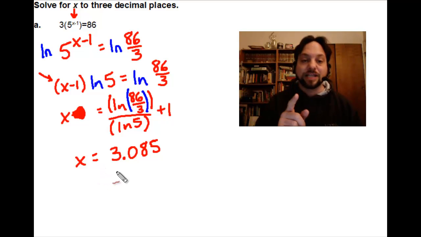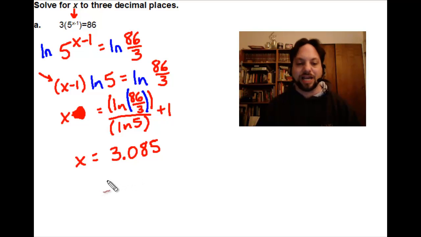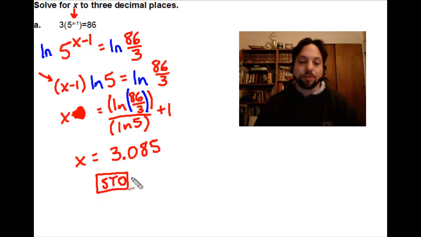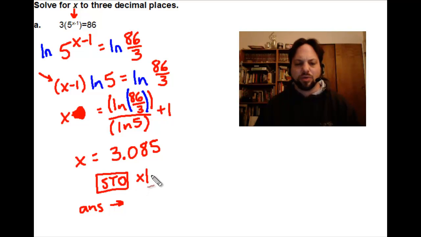In fact, if you take this number here and store it as x, remember how to do that in the TI-83 and 84. You simply hit that store button, which says STO. That's right above the on button. That'll bring up an arrow on the screen. And so what it will say is the answer arrow, and then you simply need to hit the X button, which might say X,T,theta or something like this.